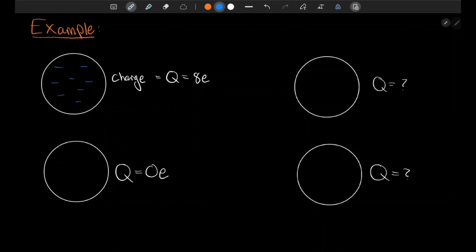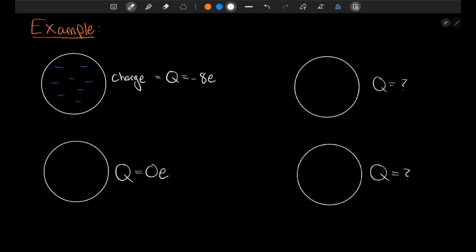Charge is often written as Q. Let's say it has a net charge of 8, or I guess here we have minus signs, which means electrons, so the charge would actually be minus 8e. So we have a charge of minus 8e, and then we have another sphere, which is the same size, and it has a charge of 0e.